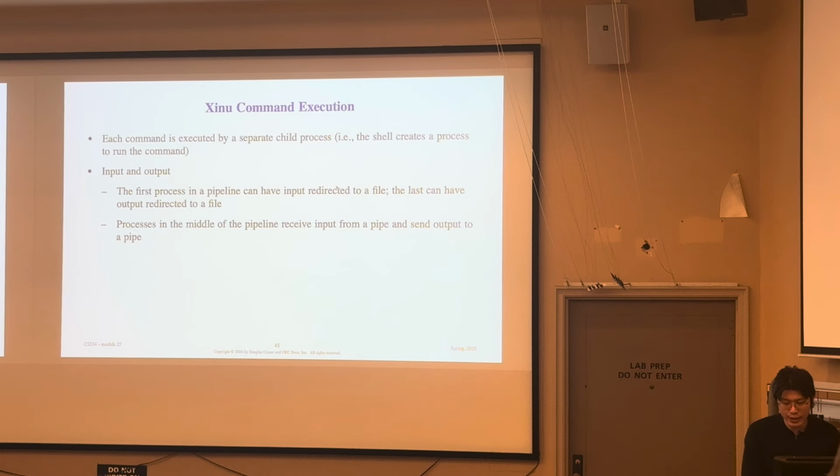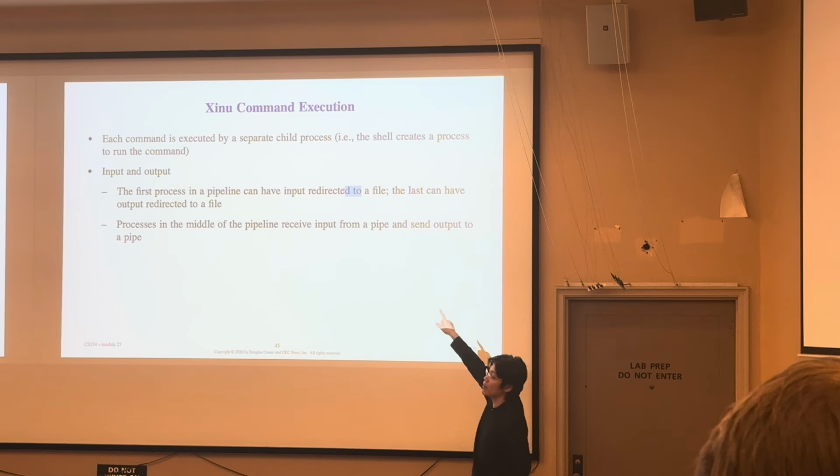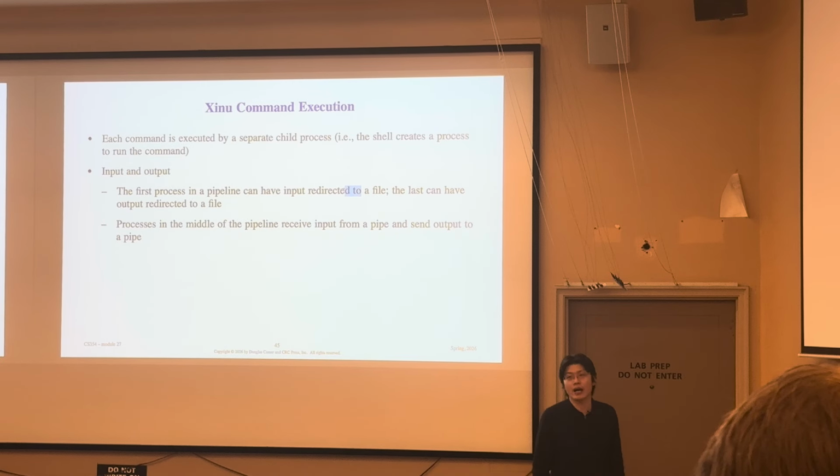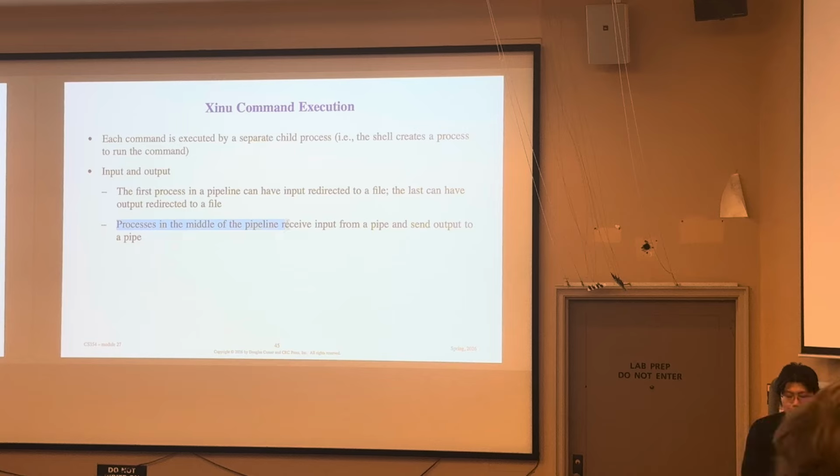So the first process can read the input from a file, and the last command can output its result to a file. And processes in the middle of the pipeline receive input from a pipe and send their output to a pipe.